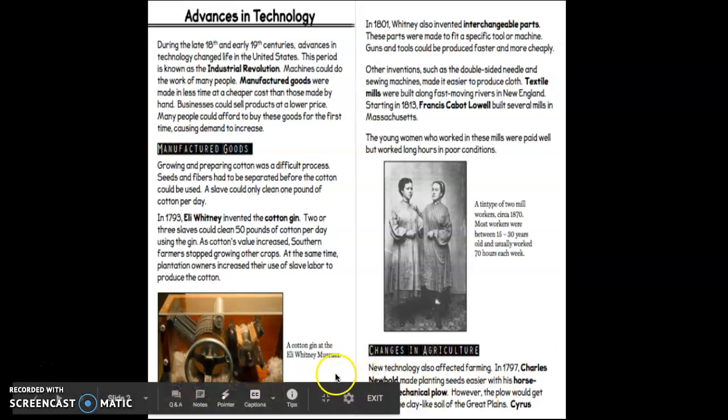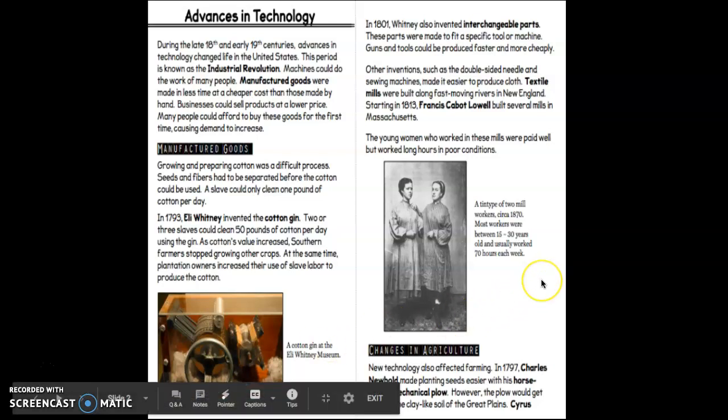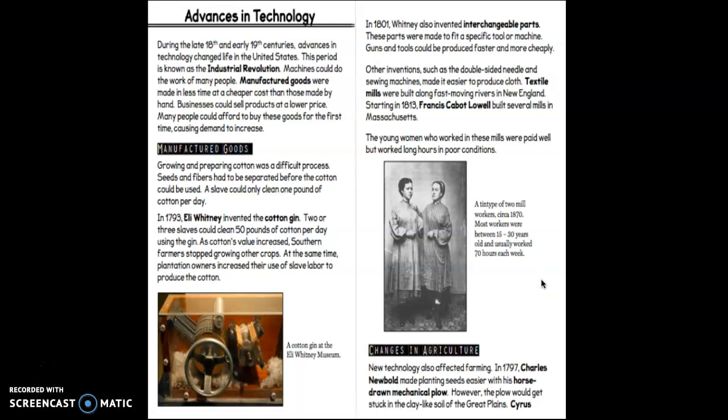So in this picture down here is a photograph of a real cotton gin at the Eli Whitney Museum. In 1801, in the second column, Whitney also invented interchangeable parts. These parts were made to fit a specific tool or machine. Guns and tools could be produced faster and more cheaply.